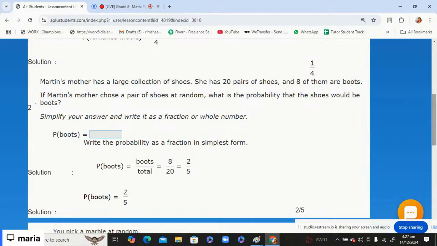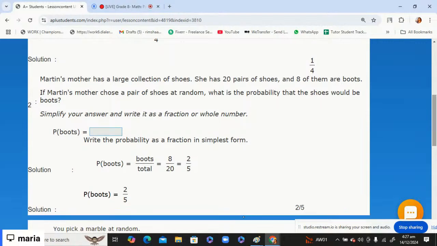So first of all, we are going to find the probability of boots. The total is 20 pairs of shoes, and how many are boots? 8, so 8 by 20. Then just solve it out.